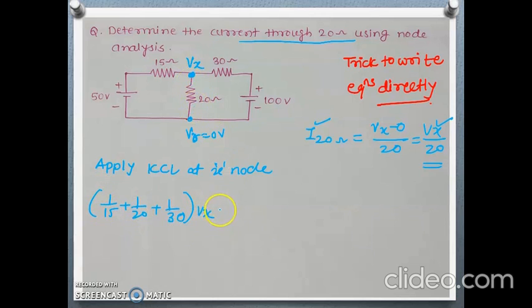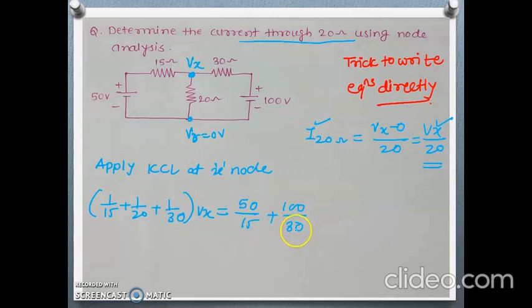Now, equal to what? What are the voltage sources connected to this node? Through this 15 ohm, this 50 volt is connected, and this is positive here, so this will be positive also. 50 divided by 15 plus, also this is positive, so 100 divided by 30, connected through 30 ohms.